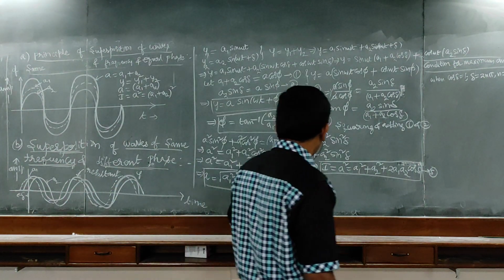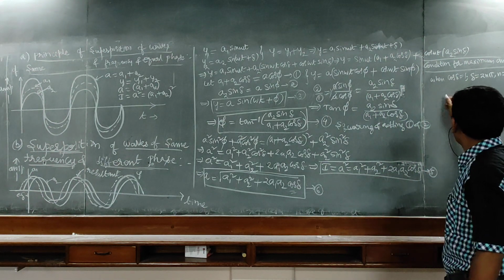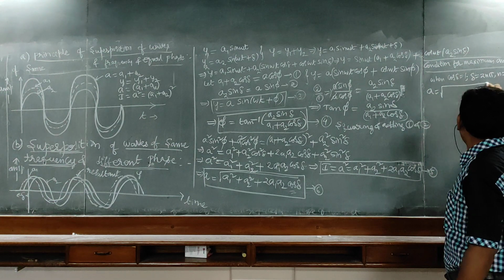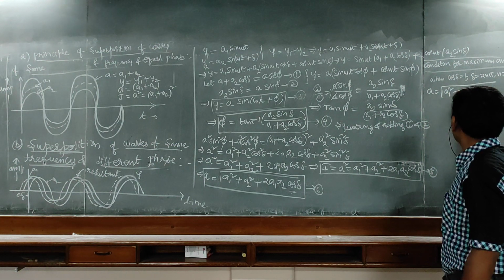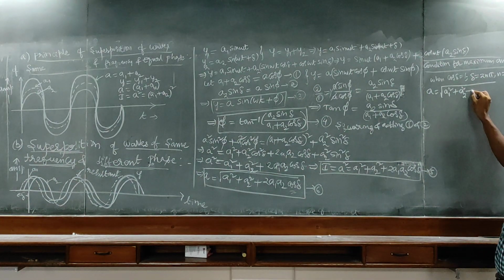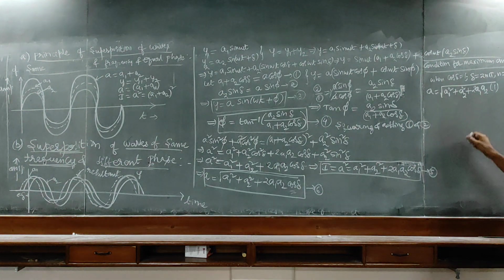Therefore, if you substitute these values in equation 6, then the amplitude A is equal to square root of A1 square plus A2 square plus 2 A1 A2 into 1, because cos delta value becomes 1.